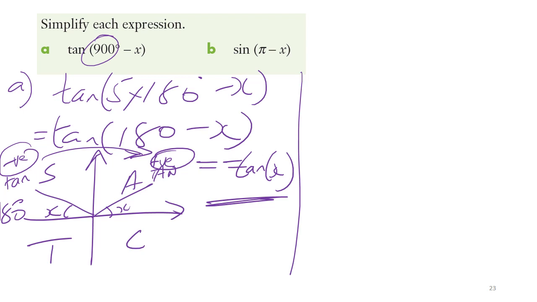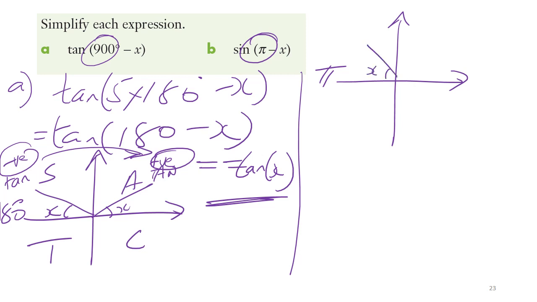Let's do one more. Sine of π take x. So obviously again when we ask you to simplify, I don't want this π take away. I just want something with x. So draw yourself a picture. π is 180 degrees, so it's here. Take away x. So this would be my x. What would you do next? You check the sign, right? Because we want to express it in terms of an x at the first quadrant.